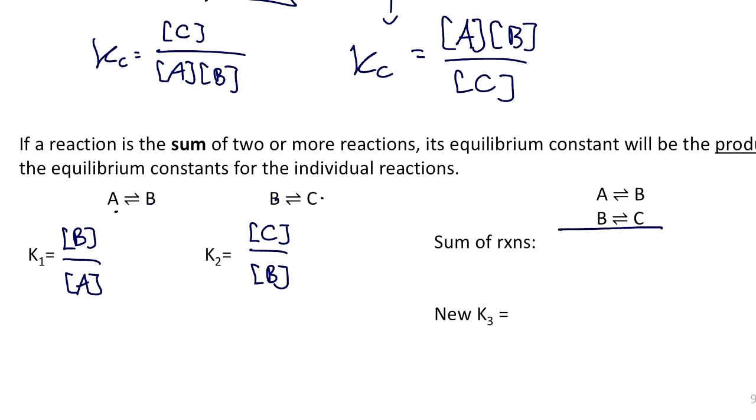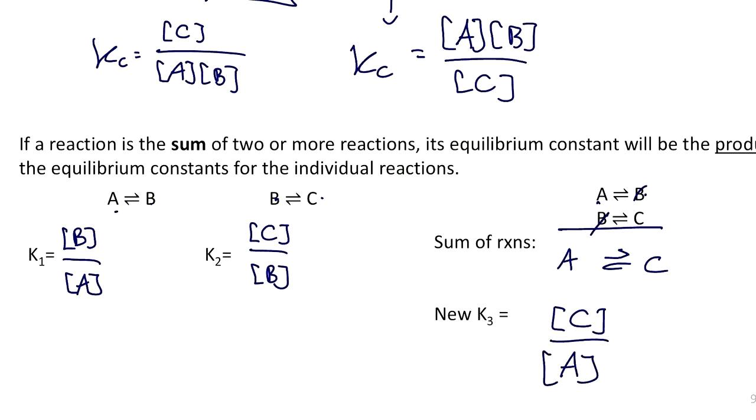Pretend this is a two-step mechanism. A goes to B, B goes to C. What's the overall reaction? A to C, because the B's cancel, so the overall reaction is A to C. So what is the new K expression for this guy? It is C concentration over A concentration.